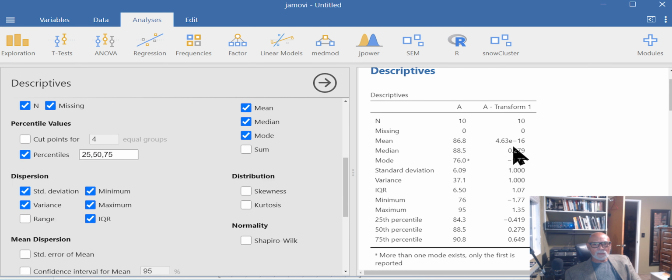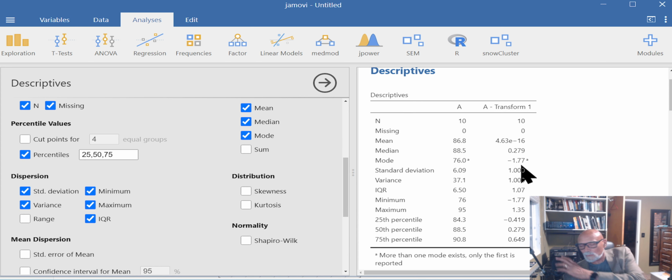Okay, let's take a look at what we have. So here you see that the mean for our transformed variable is 4.63 with 16 zeros in front of it, which is 0.